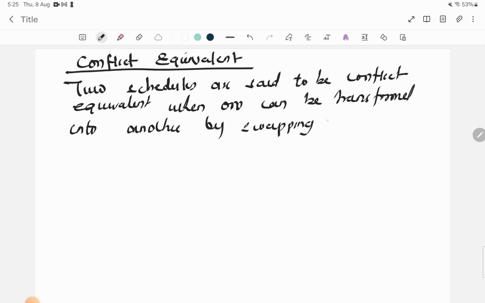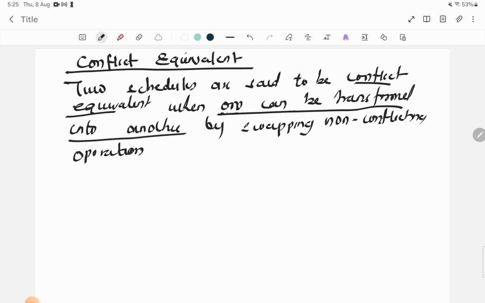Remember this word, swapping. Okay, so there are certain words which we need to understand. It is said to be conflict equivalent when one schedule can be transformed into another.